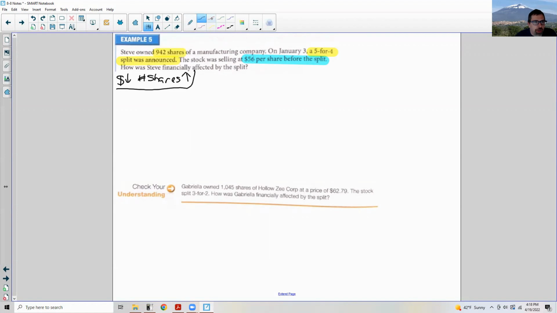All right, so here we go. This is a little bit more complex, this problem, but it's not bad. So he owned 942 shares. He started with 942 shares. I'm going to write that. The stock was selling at 56 before the split. So he had $56 per share and he had 942 shares.